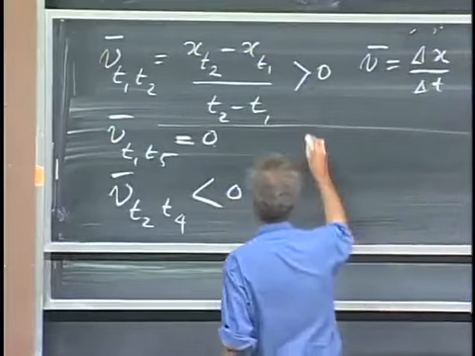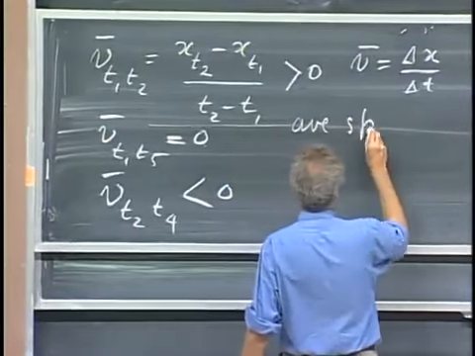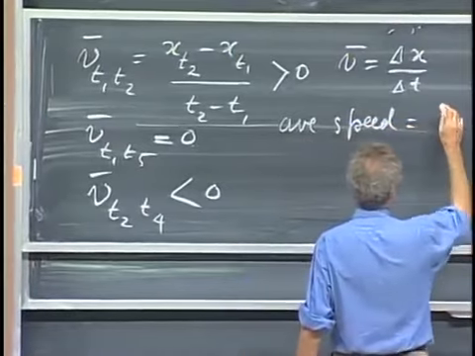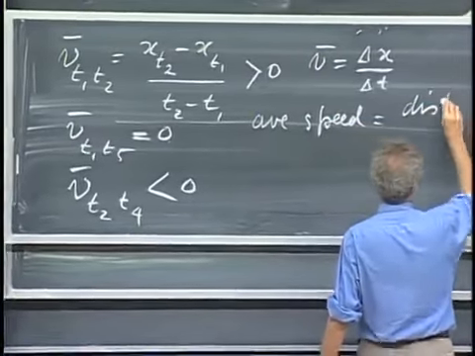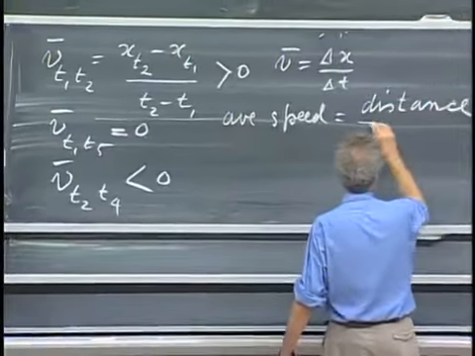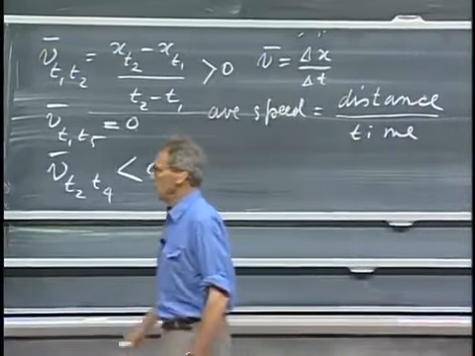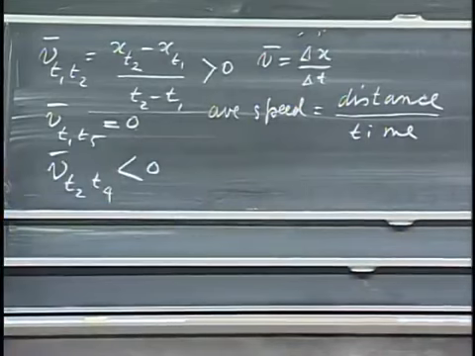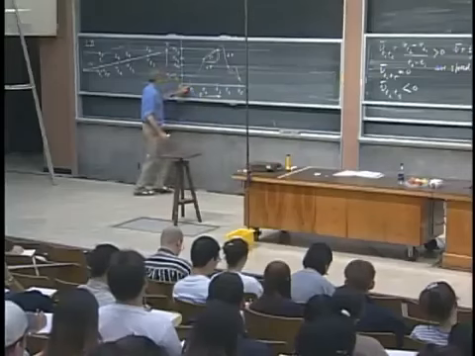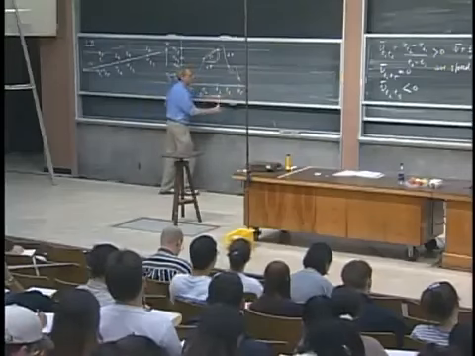The average speed is defined as the distance traveled divided by the time that it takes to travel that distance. Now, what is the distance that the object traveled between time t1 and time t5?